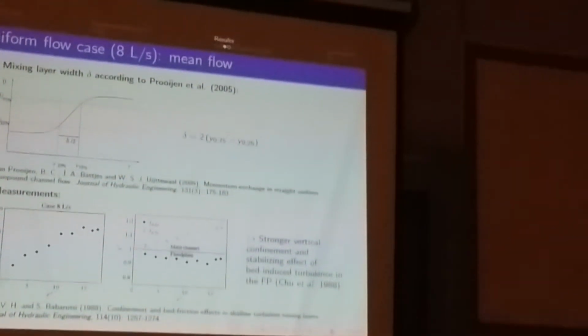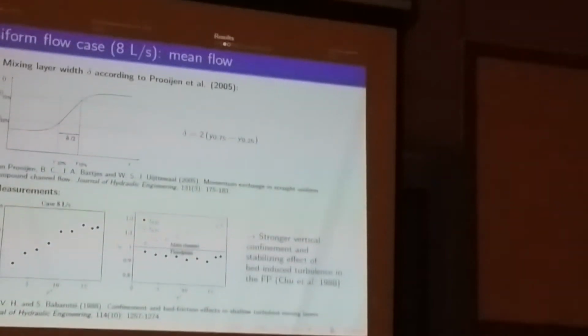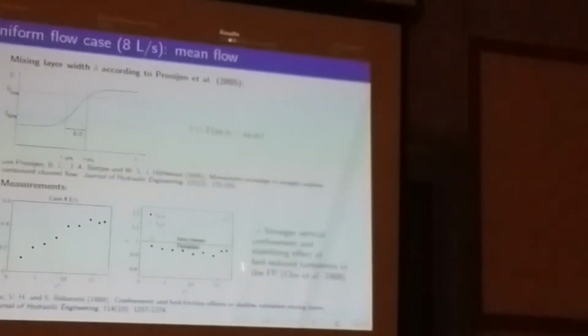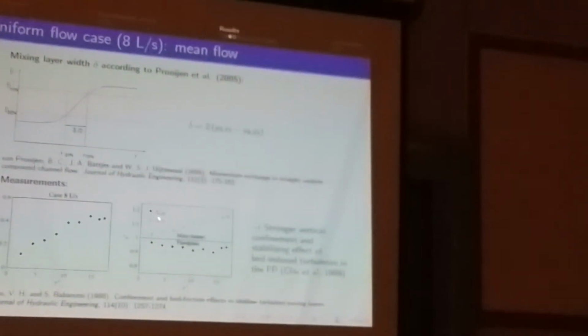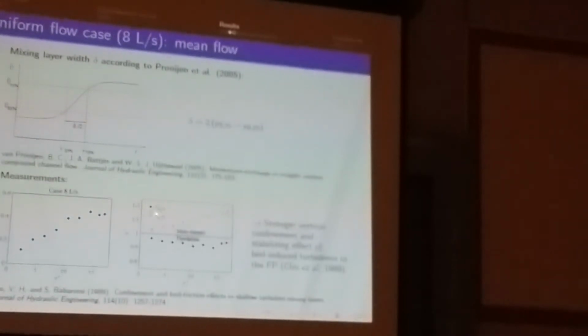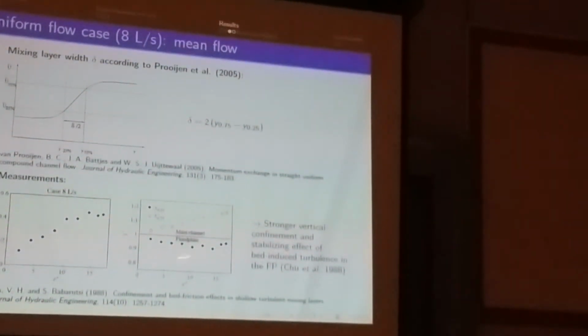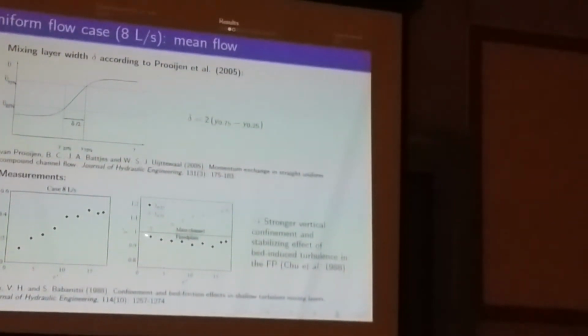Maybe here it slows down, but I'm not sure that it is. And what is interesting is to see the two boundaries. Here, I don't know if you see it. This is y 0.25, this position, and here this is y 0.75.